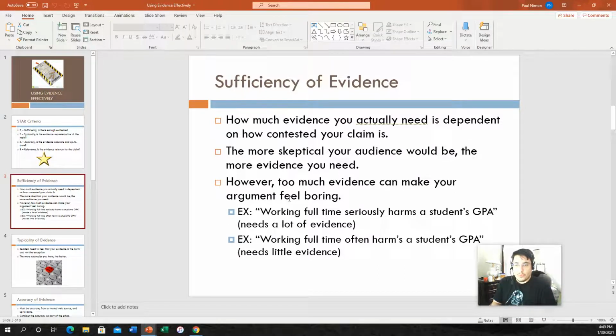Remember, when you're using the appeals, that you want to try to reach a balance of ethos, pathos, and logos. Okay, you want that perfect equilateral triangle. So too much ethos or too much logos is going to bore your audience to death too. So just keep that in mind, the sufficiency of evidence.